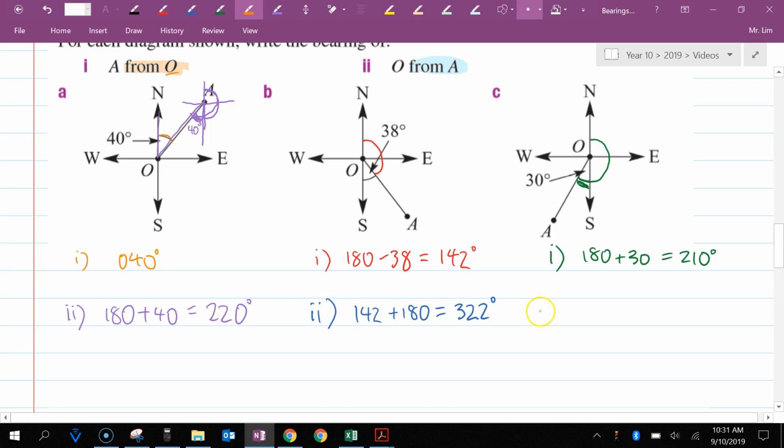However, when we're finding the opposite bearing, O from A, because this is more than 180, we're going to minus 180 from it. So it's going to become 210 minus 180, which is equal to 30 degrees. Sorry, we need 3 digits, 030 degrees.